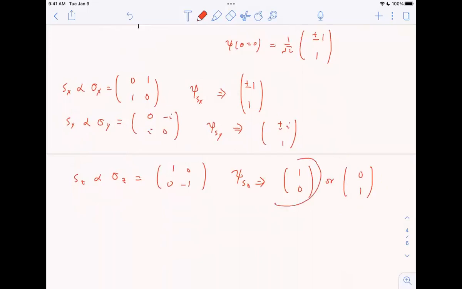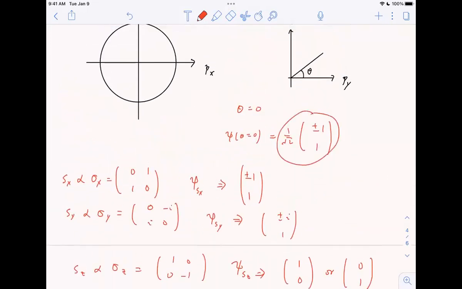So you say this is pointing in the positive z direction, this is pointing in the negative direction, and similarly, this is the plus and minus y direction, this is plus and minus x direction. Is it okay? If you're confused, you can go back to review how we learn the eigenstates of the spin in the quantum mechanics textbook. Usually you apply a magnetic field, then you have these eigenstates come out.